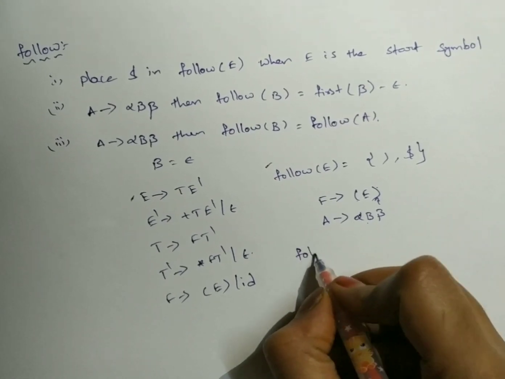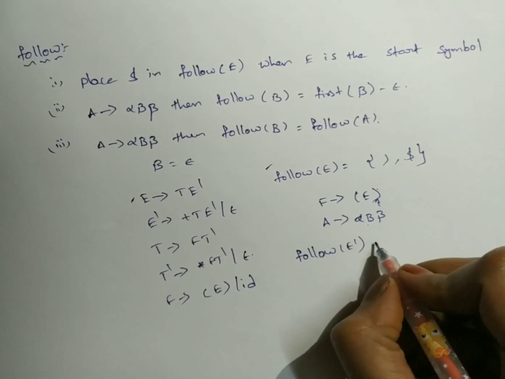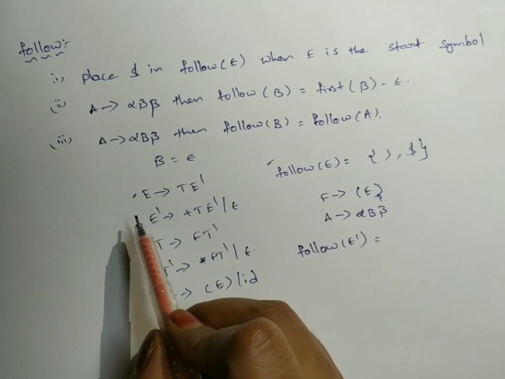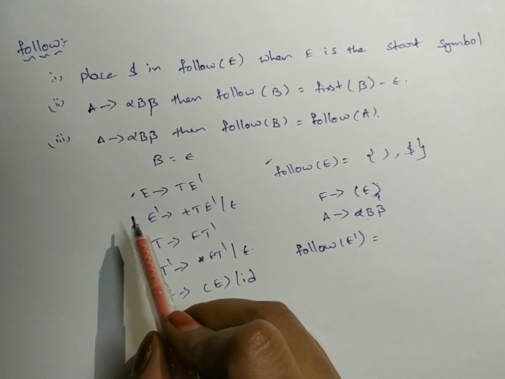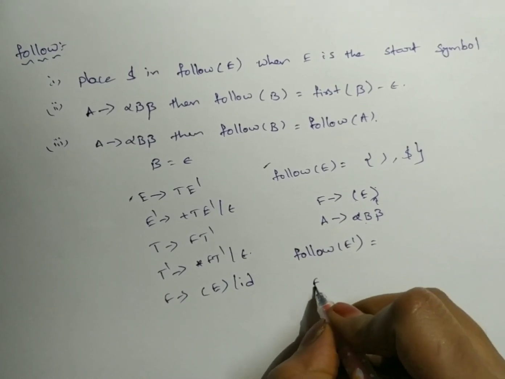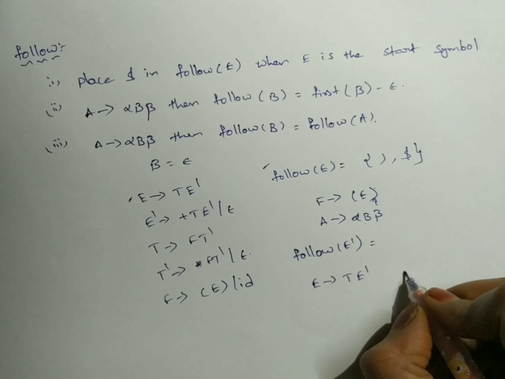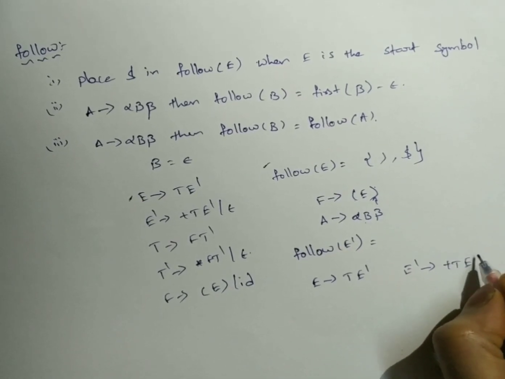Now coming to follow of E dash. We need to consider all the statements which have E dash in the right hand production. See, E derives T E dash, E dash derives plus T E dash.